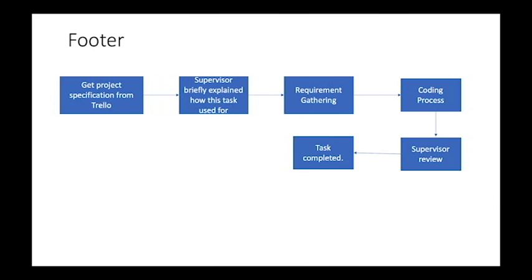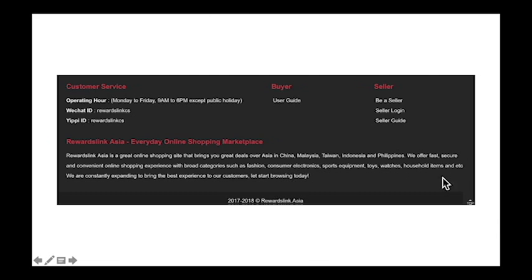And after that I draw out an initial design of the footer, and after that I'll go into the coding process. After the coding process, if everything works well, the supervisor will review it, and if it's okay, the task is completed. And this is what my footer looks like.